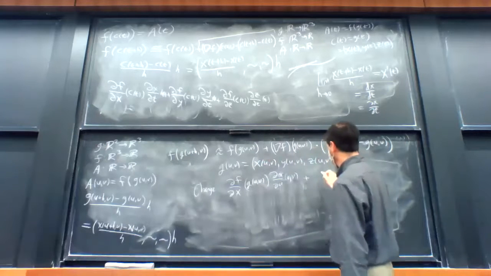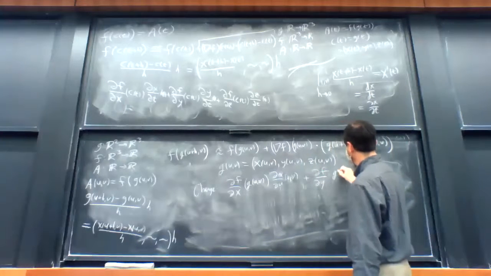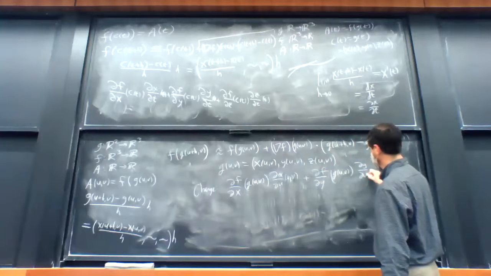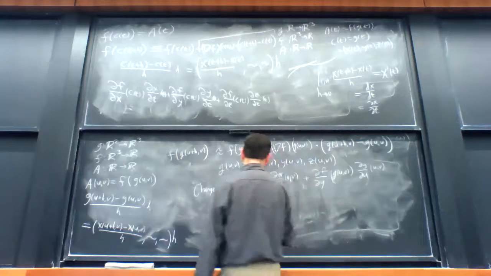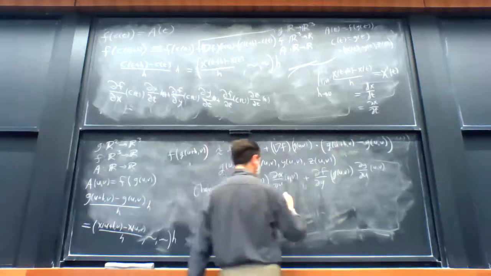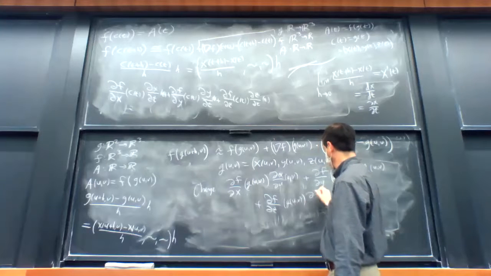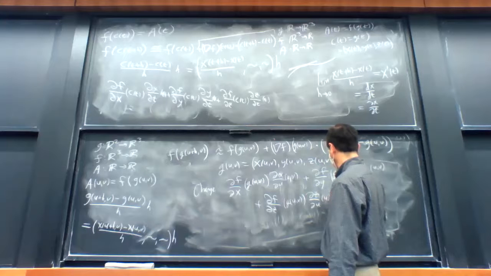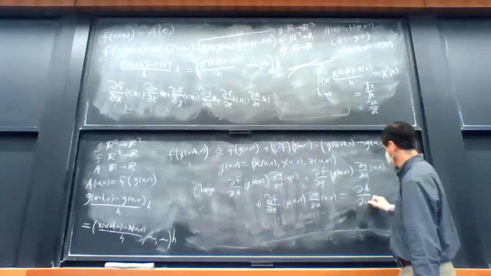The next piece would be df dy at g of uv, dy du at uv. And then the last would be df dz at g of uv, dz du at uv. And this is just the partial of a with respect to u.